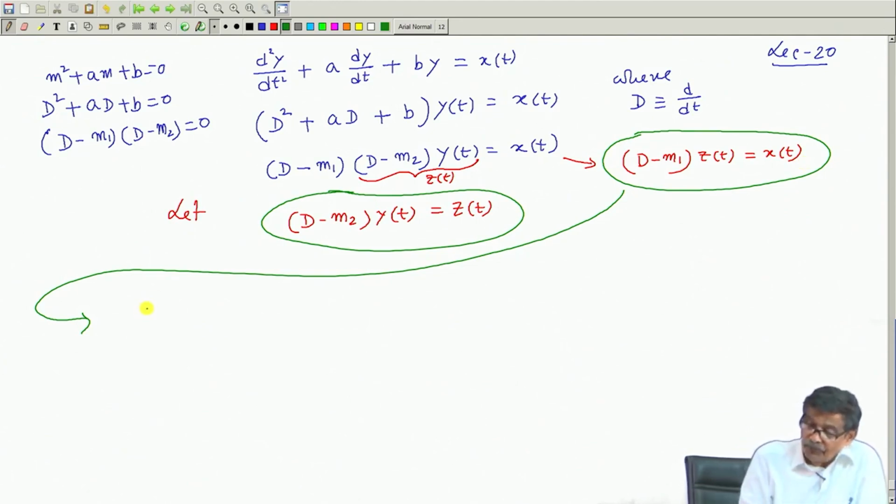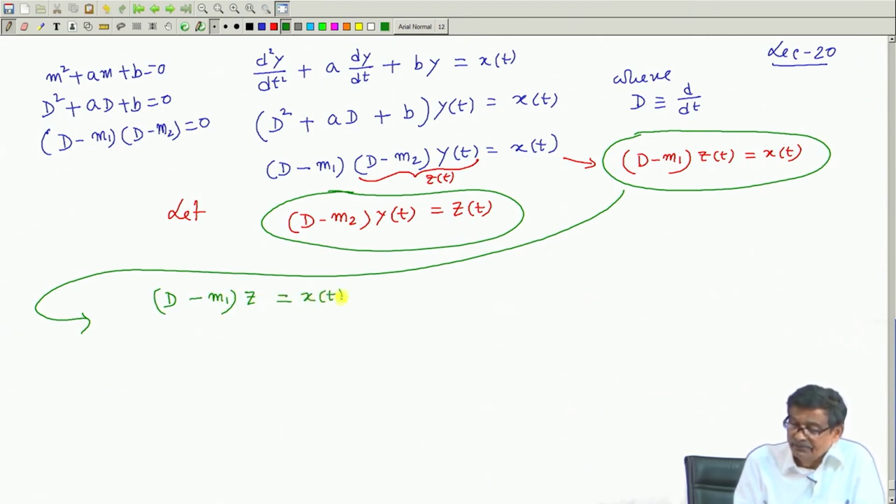Therefore, we first tackle this differential equation, (D minus m1) into z(t) is equal to x(t). So, what will be z(t)? I find z(t) from this, and then I will substitute it here to get the value of y(t). My ultimate goal is to find y(t).